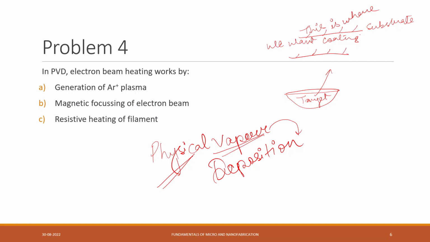Unlike chemical vapor deposition, where a chemical reaction is going on, here most of the time whatever we want to deposit, we just physically vaporize and deposit. In chemical vapor deposition, if we wanted A plus B to be deposited, there is a reaction between A plus B on the substrate, forming a compound that sits on it. So CVD involves chemical reaction. Physical vapor deposition does not involve any chemical reaction. It's a physical process.